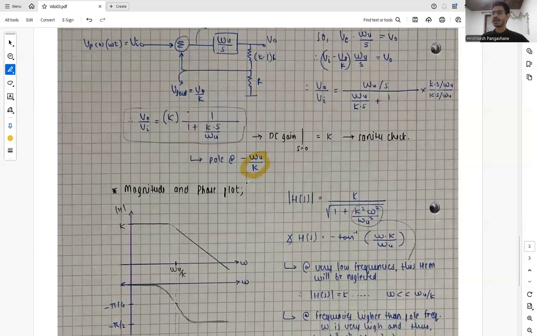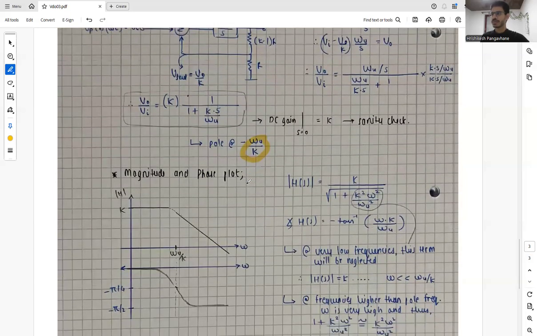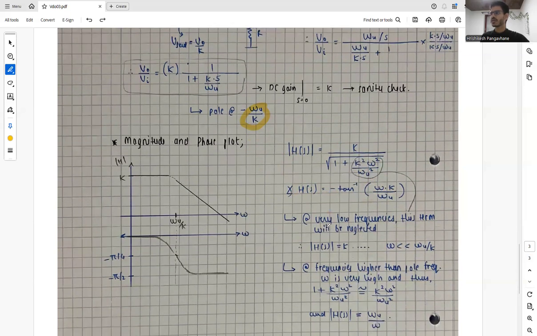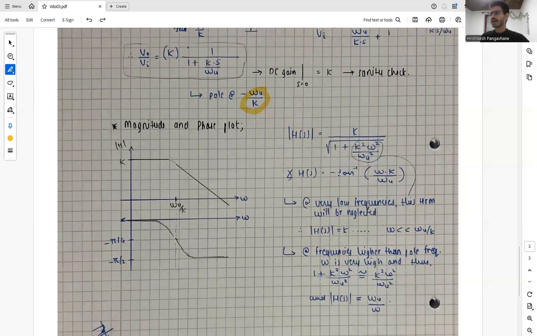And now let's analyze the magnitude and phase plot of our system. So basically we have the magnitude of our system like this, and this is the angle of our system. From this, we can say that at very low frequencies, this term can be neglected because omega is very low, and thus H of s turns out to be K. So we start from K, and when the pole occurs, it will start with the minus 20 dB roll off.